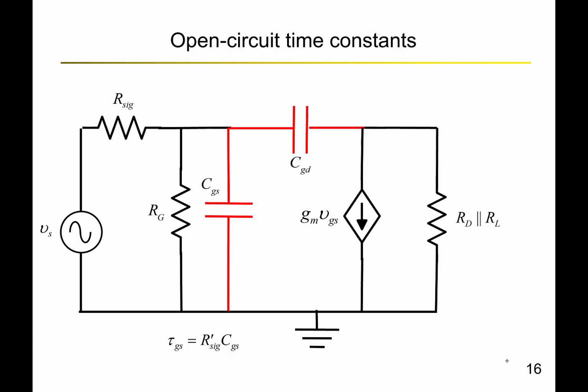So the two open circuit time constants are: tau GS is something small times CGS, and tau GD is R signal dash, that is small, but multiplied by a large quantity, that is the midband gain plus 1, multiplied with CGD, plus RL dash CGD. So this time constant is coming from the output, and this one is from input to output.